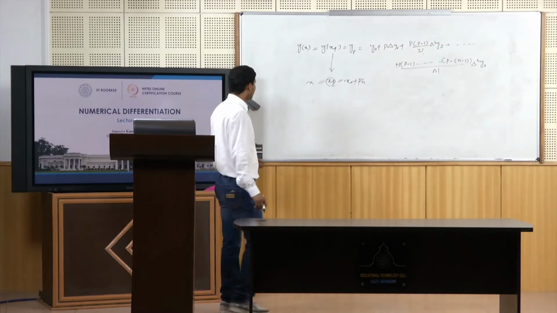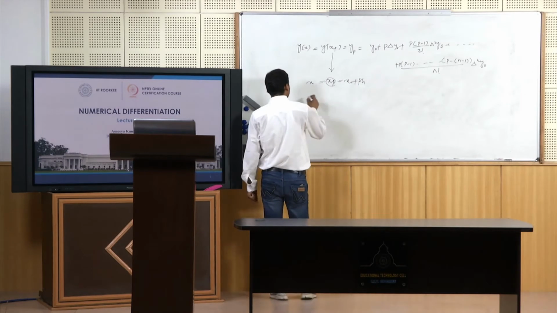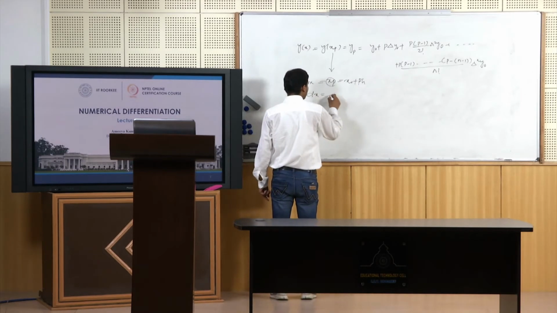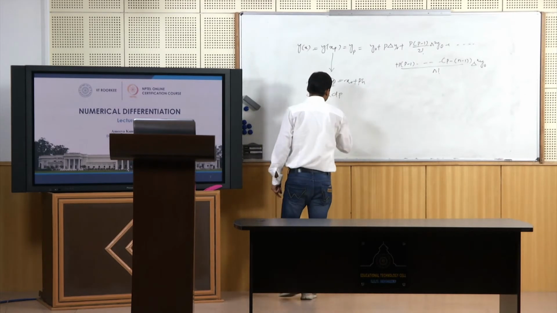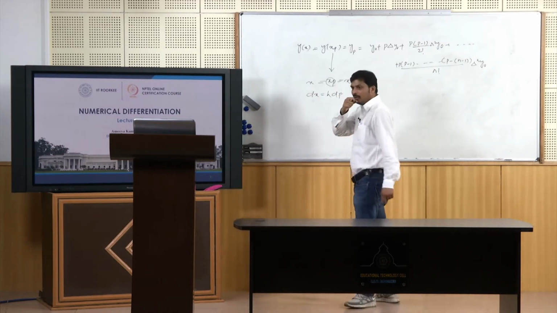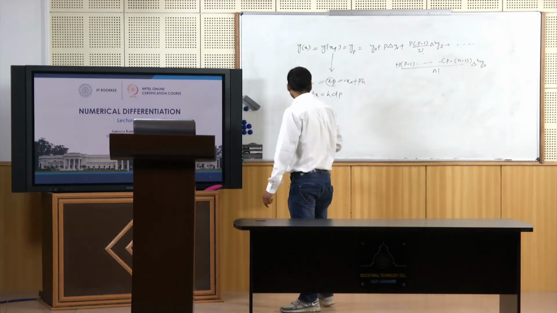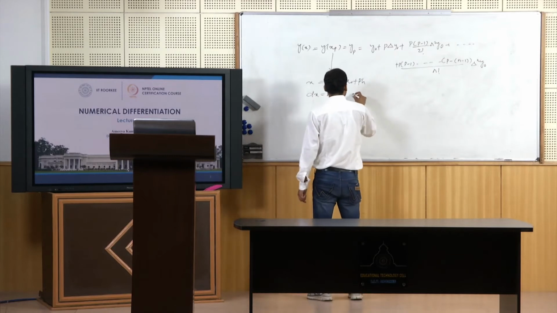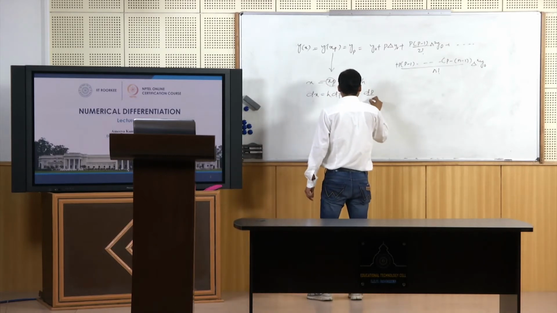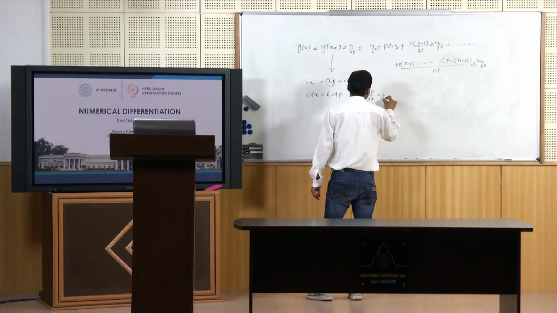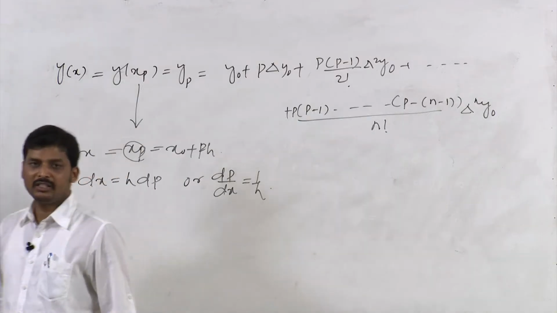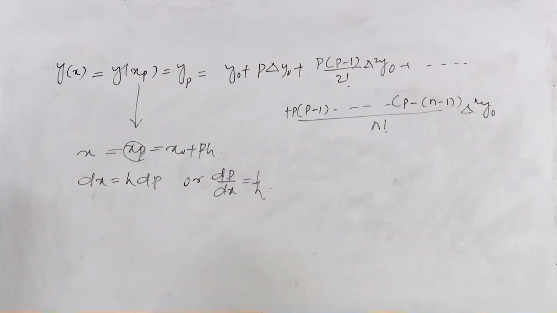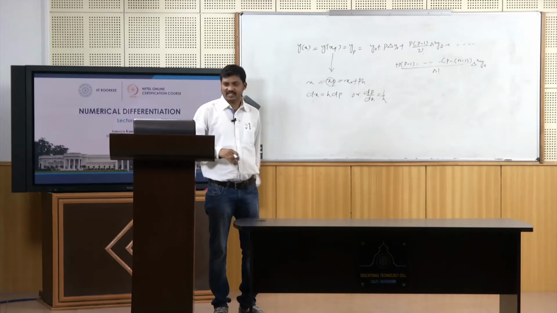So at that point, if we want to differentiate, we can write dx equals h dp, or we can write dp by dx as 1 by h. Either way you can define this first order differentiation.